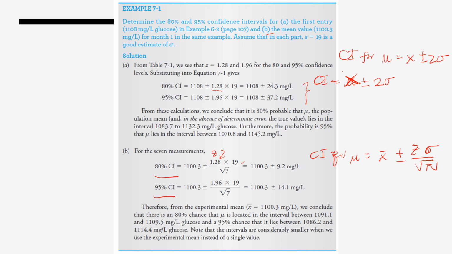Since you have 7 measurements according to the given problem, therefore the result at 80% confidence interval is 1100.3, positive, negative, 9.2 milligram per liter. And for 95% confidence interval, you just have to plug in the data. Then you get 1100.3, positive, negative, 14.1 milligram per liter.